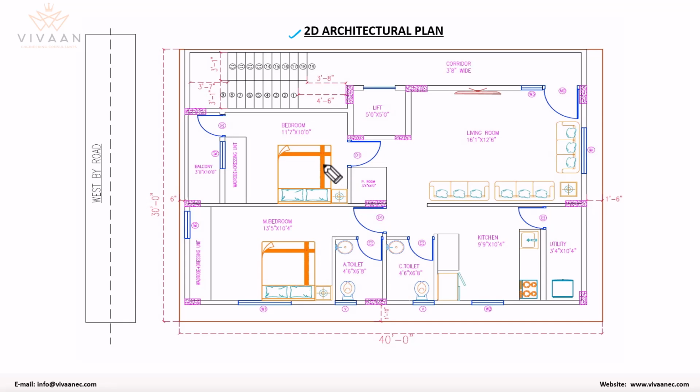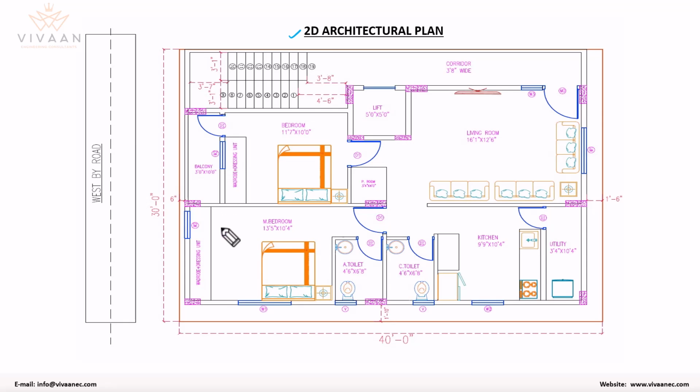So the role of the architect is to plan the houses so that we properly give the minimum and maximum dimensions of the room, keep the proper sizes of the furniture, and position the windows at the proper location.